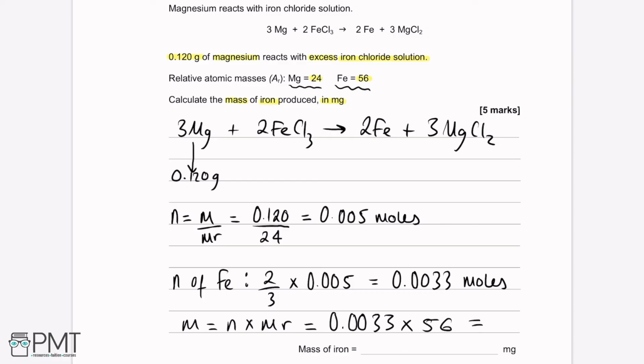And that gets you a value of 0.1866 grams. Now, getting that far in the question will get you 4 marks.